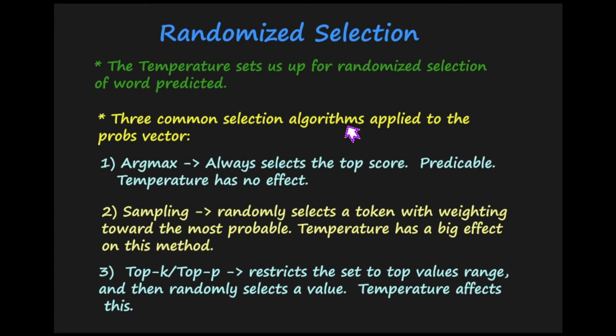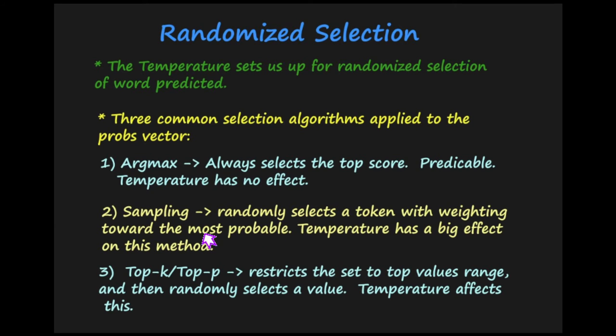These are 3 common selection algorithms applied to the probability distribution vector we created. One is argmax. We just take the highest score, and that would mean it's 100% predictable. It's always going to be the same result every time.